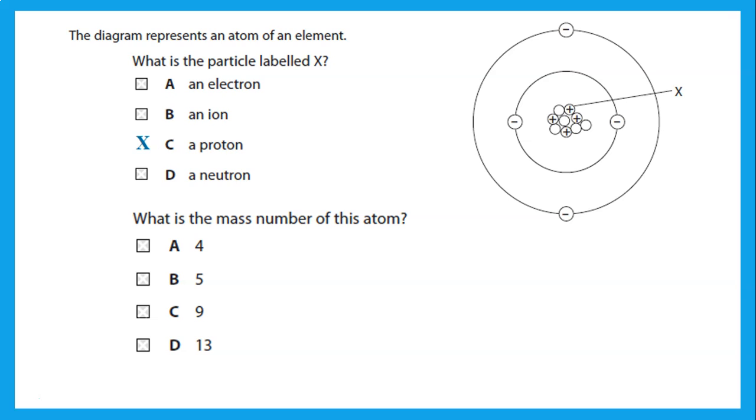Well, we said mass number is the total of protons plus neutrons. That means the total of everything inside the nucleus. So if you count inside the nucleus, I have 4 positives and 5 that are neutral. So my total is 9. That is the mass number of this atom. Everything inside the nucleus, in the middle of the atom.